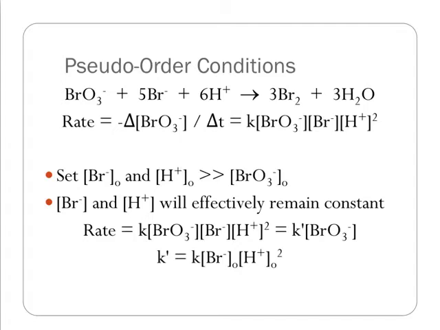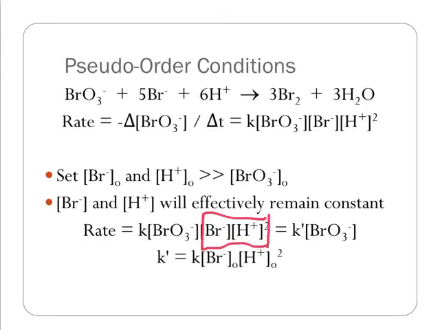The great thing is now that the, excuse me, I'm sorry, I messed that up. Not the bromate and the Br, but in fact the Br minus and the H plus guys are going to be my constant. The bromate is still changing.